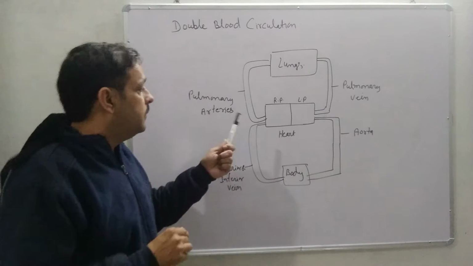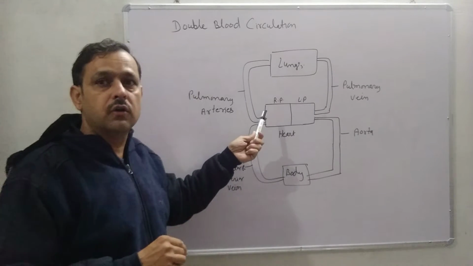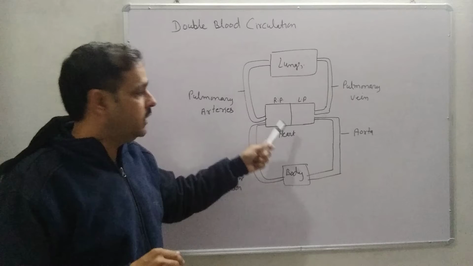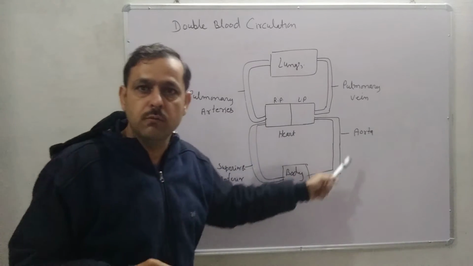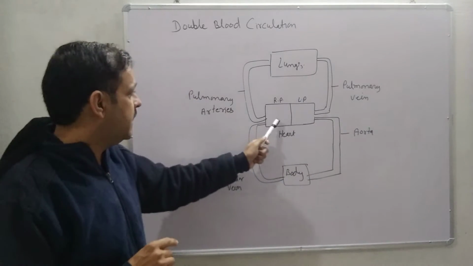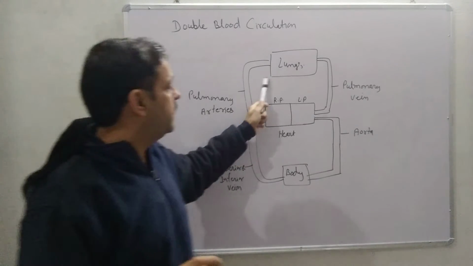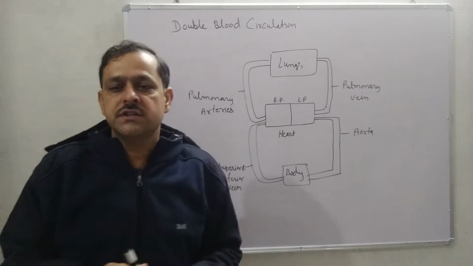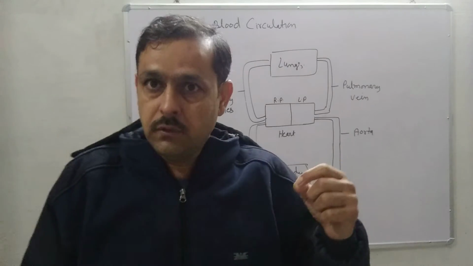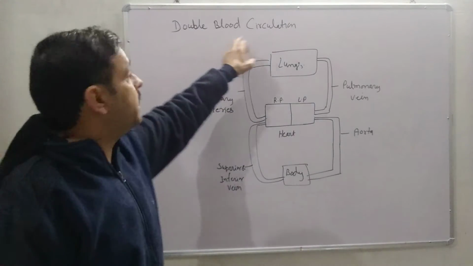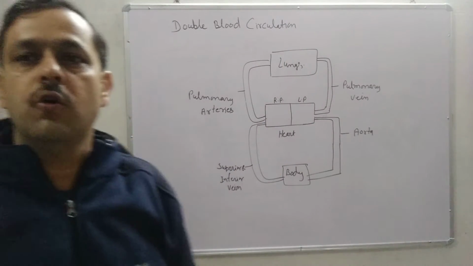So blood goes two times through the heart. First, from body to heart and heart to body is one circulation, and from heart to lung and lung to heart is the second circulation. So this is called double blood circulation in human beings.